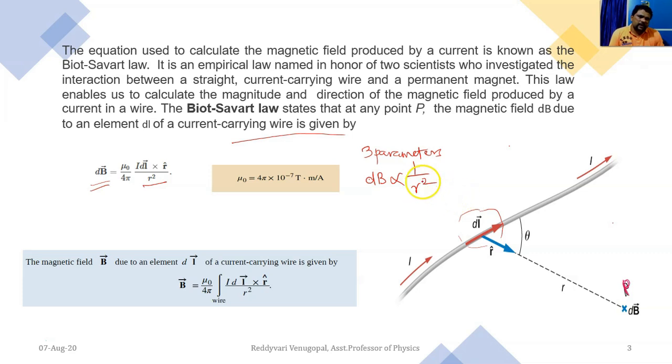That means it is inversely proportional to the distance between the point P, where we want to find the magnetic field induction, and the current carrying element. It is also proportional to sine theta, where theta is the angle between the current carrying element dl and the line joining point P and the element.